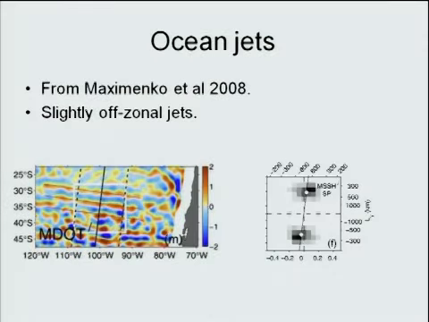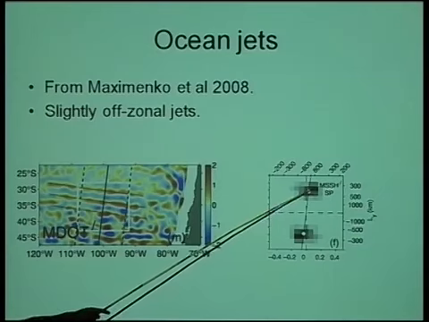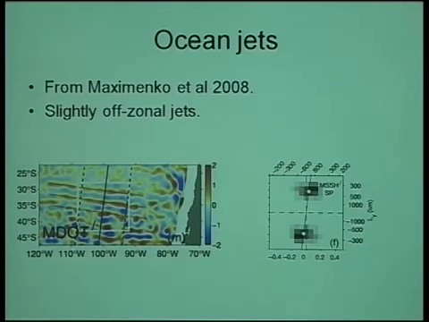If they measure the vorticity in oceans, they notice that it is aligned in a slightly off-zonal way. And in Fourier space, here is the picture.